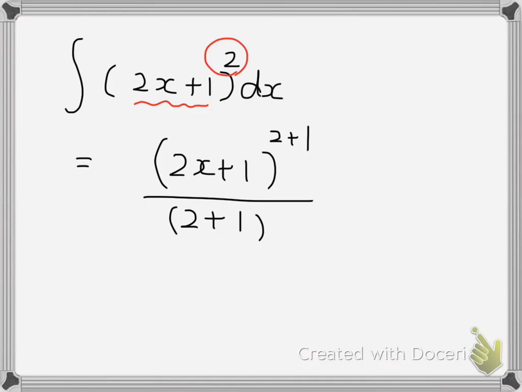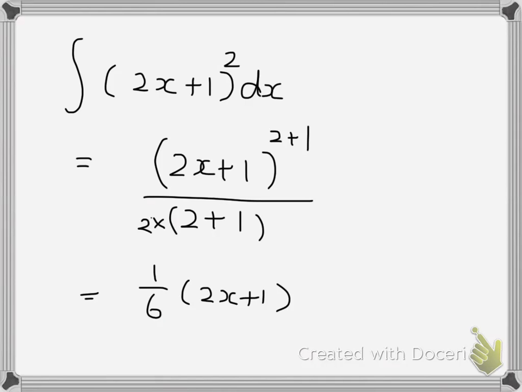You differentiate 2x+1, you get 2. So this time you are going to divide by 2. Okay, so that 2 is down here. So it becomes 1/6 (2x+1)^3 + c.